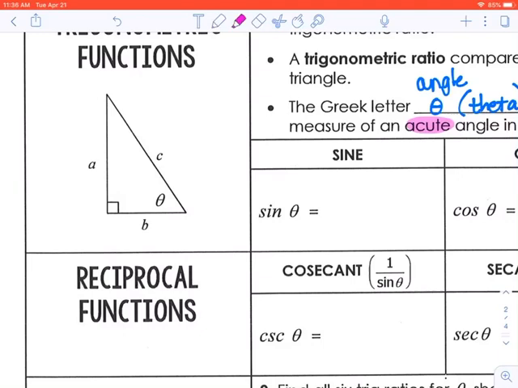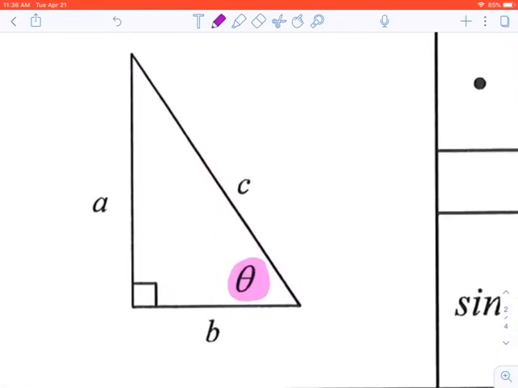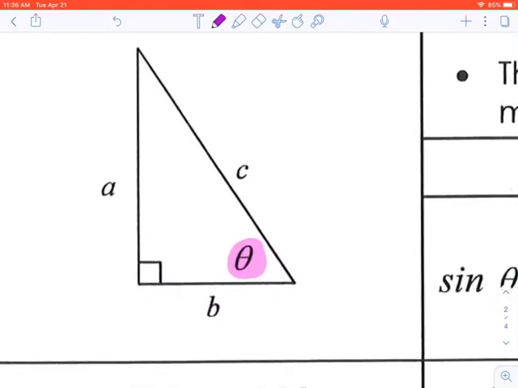So, let's say we have this angle theta right here, okay? So, if I say sine of theta, I'm looking from this angle theta specifically, okay? Now, from angle theta, we have opposite, we have adjacent, and we have the hypotenuse.